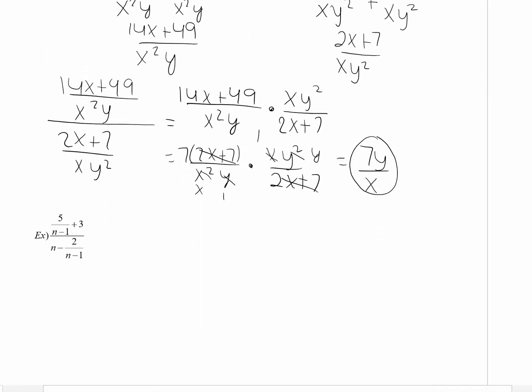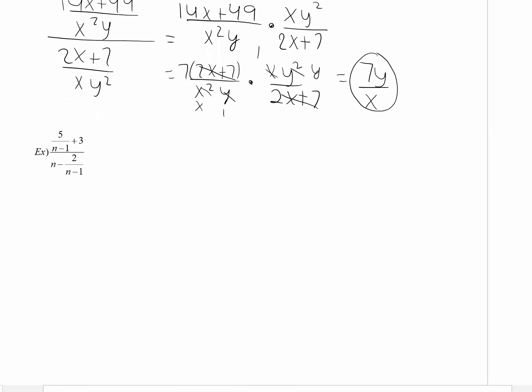Okay, let's take a look at the next example then. So, again, notice I have multiple fractions in both the numerator and the denominator, so I want to get them down to 1. So let's start with the numerator. I will rewrite 3 as 3 over 1. Here the LCD is n minus 1.